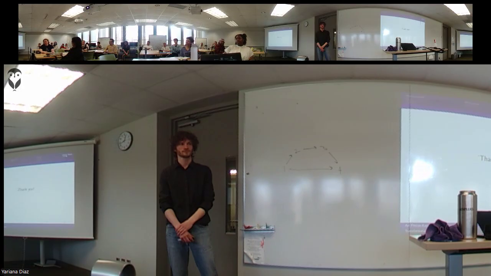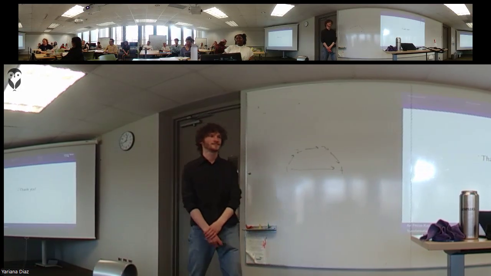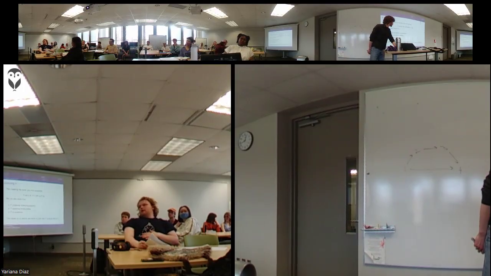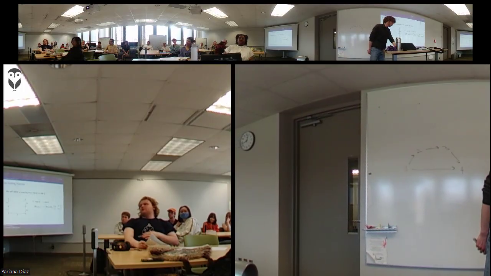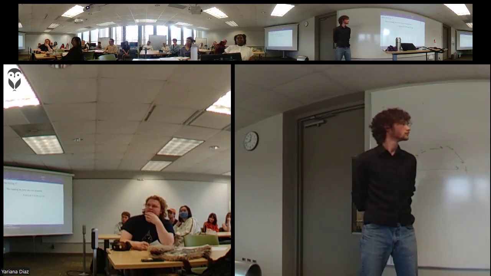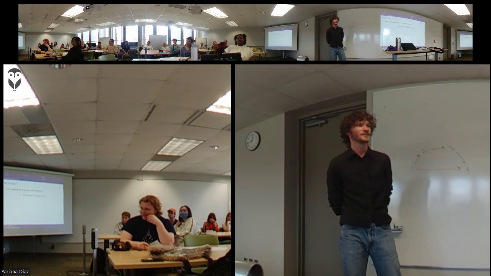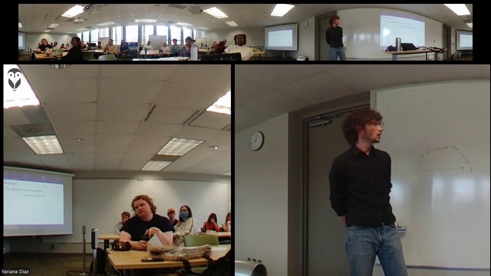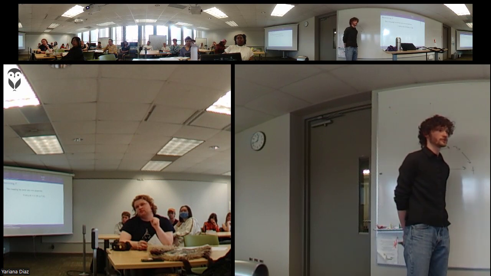Ben? I have a question about this functor. You showed that the direct sum of m and n is isomorphic to the functor on m and the functor on n. Are m and n both bound quivers in this case? M and N are representations.